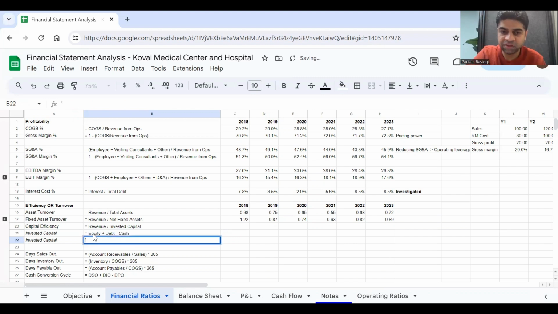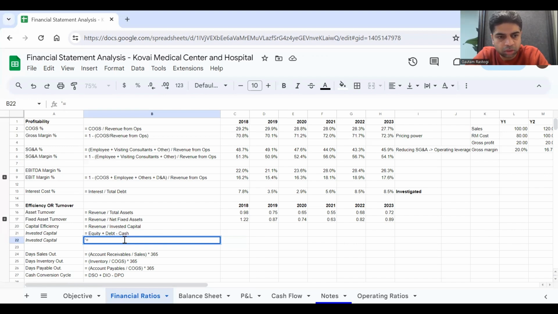And the other way to derive invested capital is to look at the asset side, the application of funds side of the balance sheet. McKinsey uses this, and a lot of consulting firms, including the consulting firm for which I work, use this way to estimate invested capital.